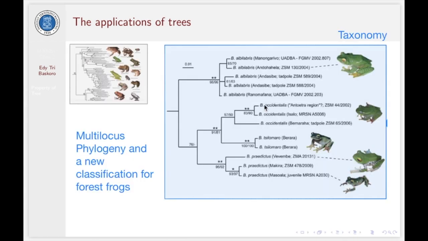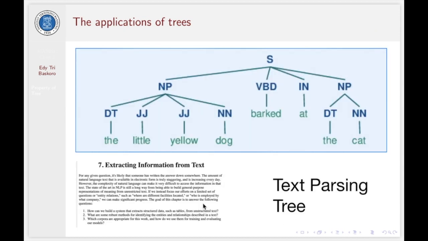This is a tree, for example, as a tool for biologists in studying phylogeny and classification of creatures. Another one here, we use a tree as a text parsing tree for analyzing and extracting information from the text.